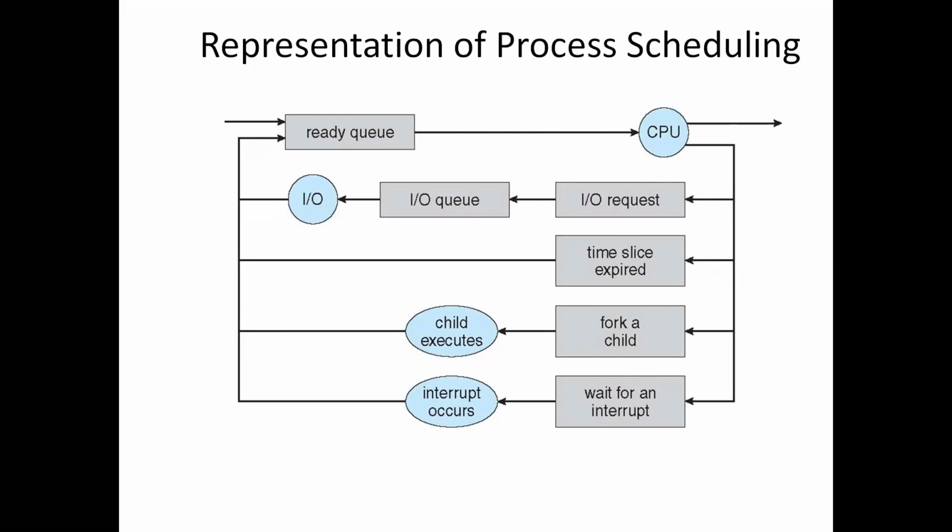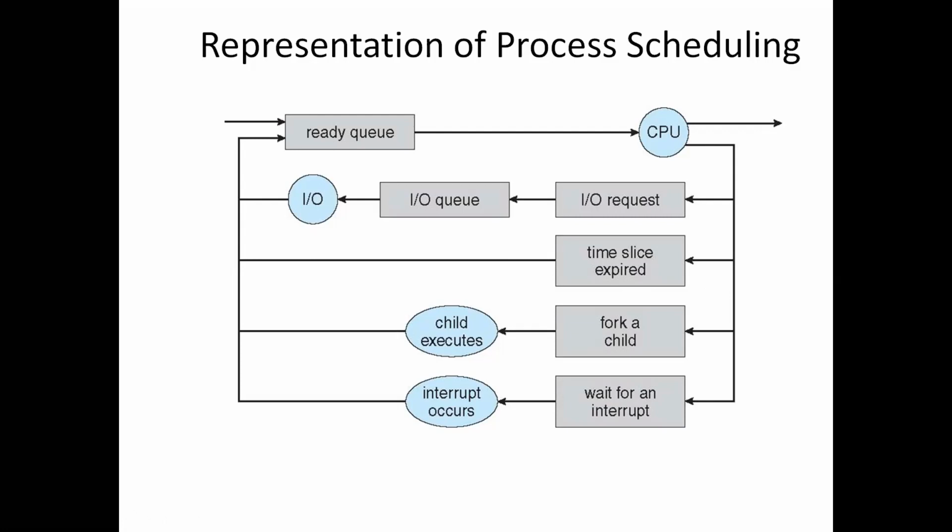At that time the process will shift from the CPU to the time slice expired queue. From there, it will again be shifted to the waiting queue. Sometimes the process may be waiting for the creation of a sub process.